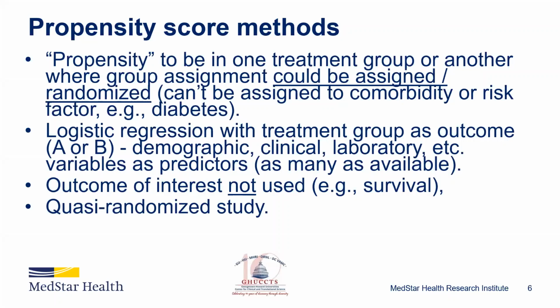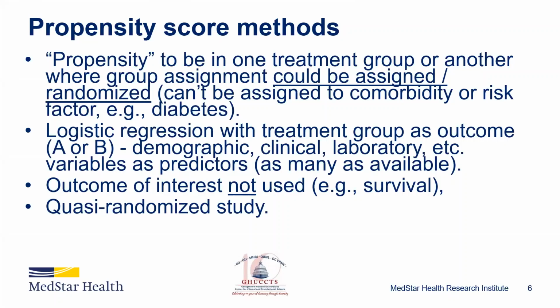You use those to predict which group a person would be in. The one variable, though, that you can't use in your logistic regression equation is the outcome of interest. So if you're interested in survival rates, for example, you can't use that in your logistic regression.